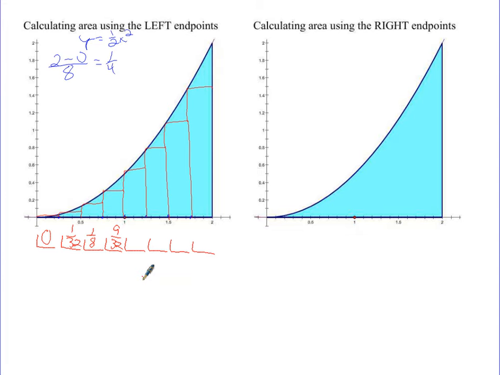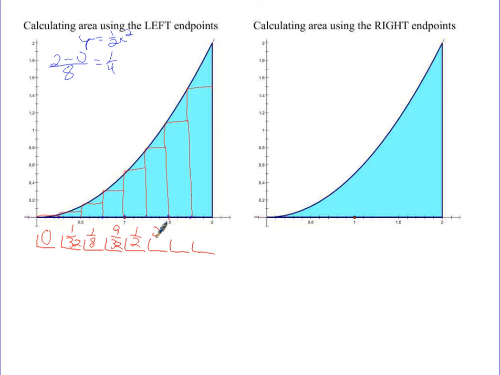9/8. Because it's 1 squared is 1 times 1/2 is apparently 9/8. Okay, this is 1.25, so that would be 5/4. Yep.